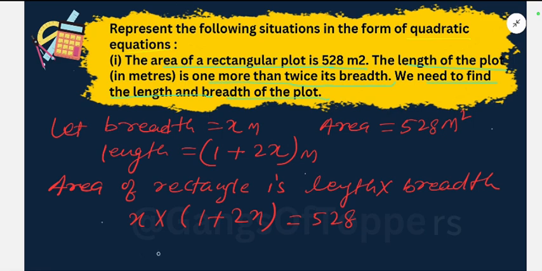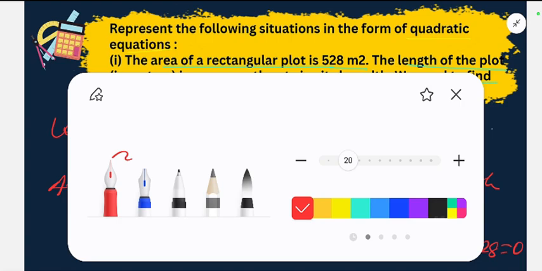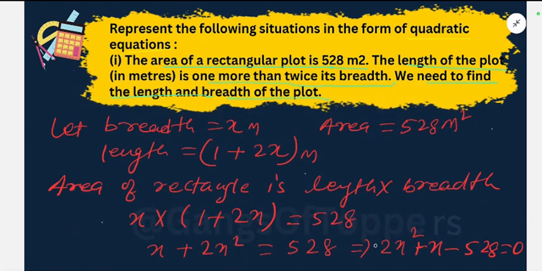Now if you multiply this, it will become x plus 2x square equals 528, and we can arrange this equation as 2x square plus x minus 528 equals 0, and this is what we have to write as a quadratic equation from this question.